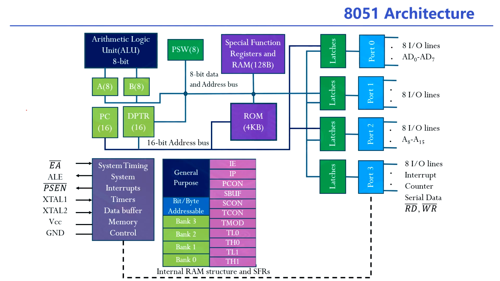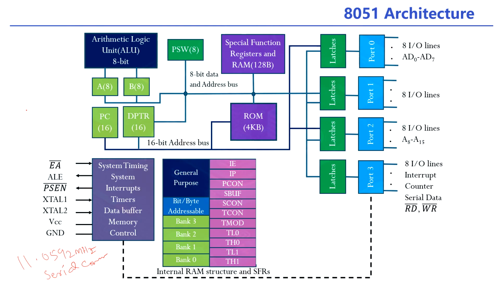So how much do we need to supply here? 11.0592 megahertz only when you are operating in a serial communication mode.